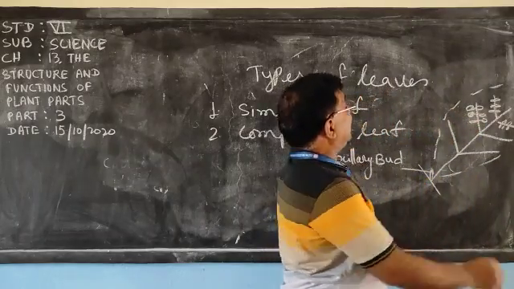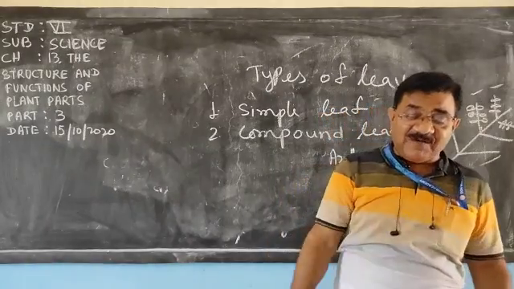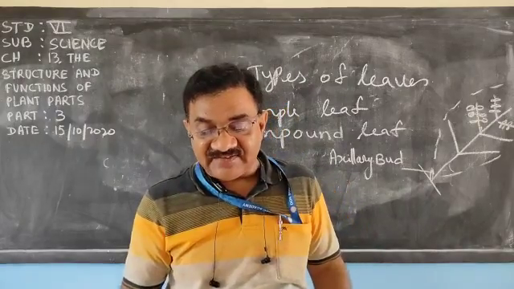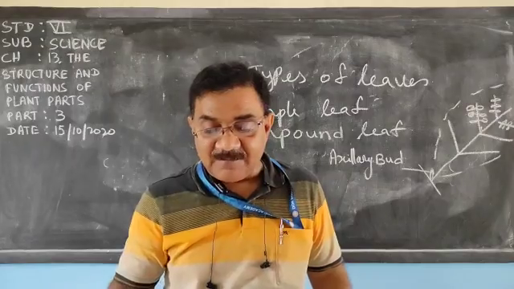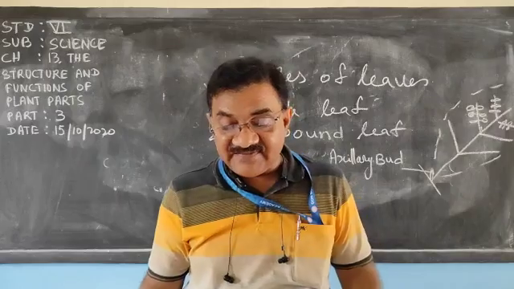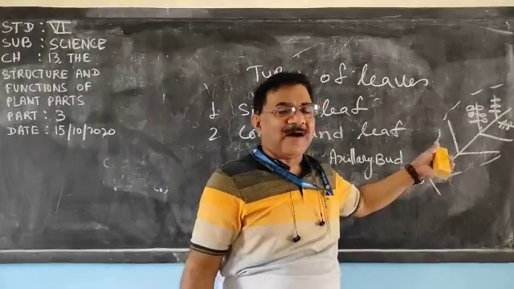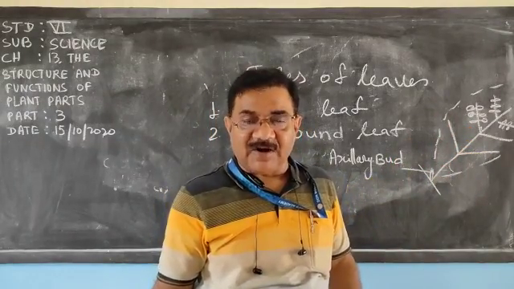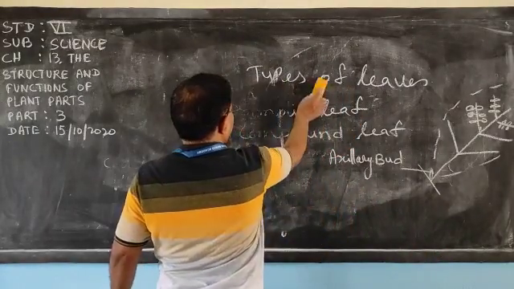Here you will not see the axillary bud. Then such type of leaf is called a compound leaf. A simple leaf has a single blade which may be entire or whole, and a compound leaf may be divided into leaflets. Axillary bud is present in a simple leaf, and in a compound leaf the axillary bud is not present. So it was about the simple leaf and the compound leaf.